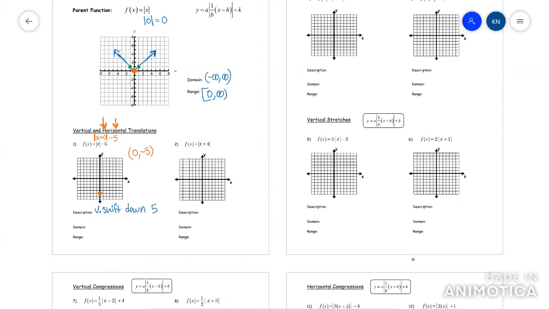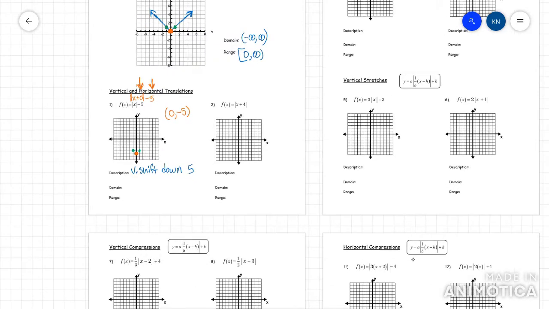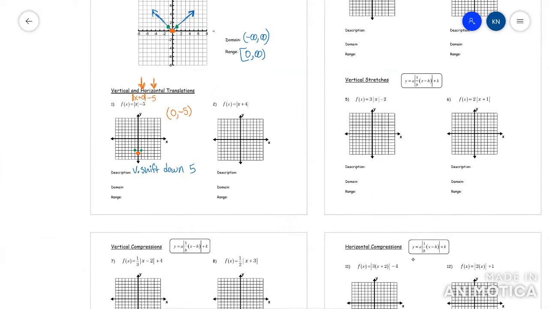Now, in this example, they did not stretch or compress this function at all. So it's still going to take a 1-to-1 slope to the next dot on the line. It resembles the parent function in that regard.